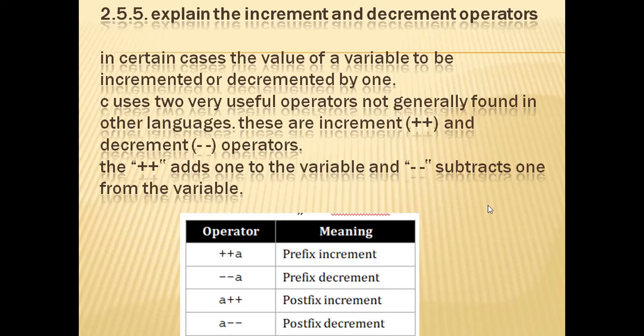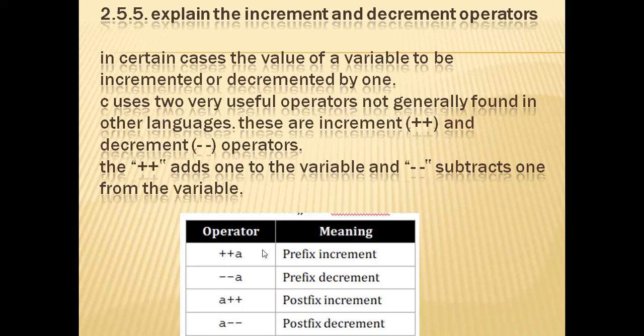C uses two very useful operators not generally found in other languages. Plus plus is the increment operator and minus minus is the decrement operator. Plus plus adds 1 to the variable, so it increases the value by 1, and minus minus will decrement the value by 1.